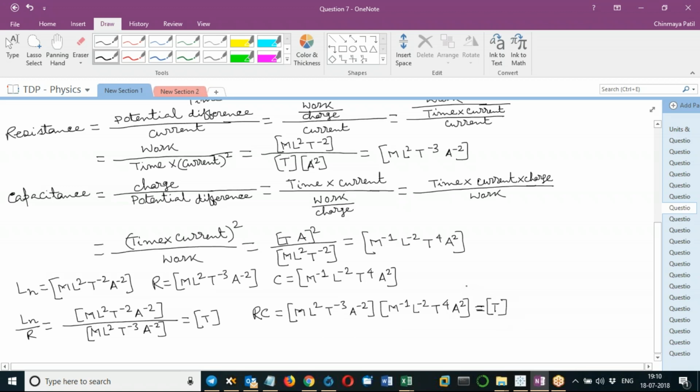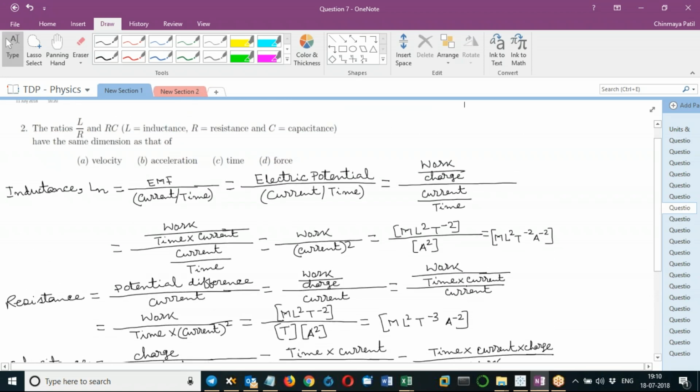So out of these four options, if you look into the question, L by R or R into C has the same dimension as that of time.